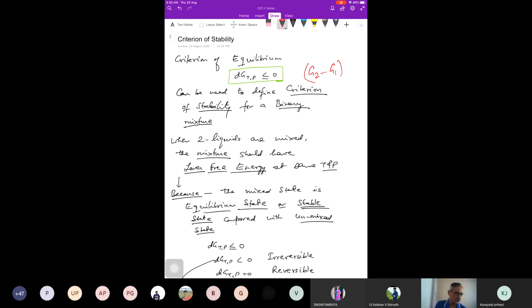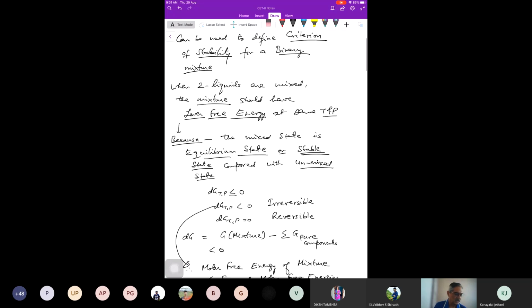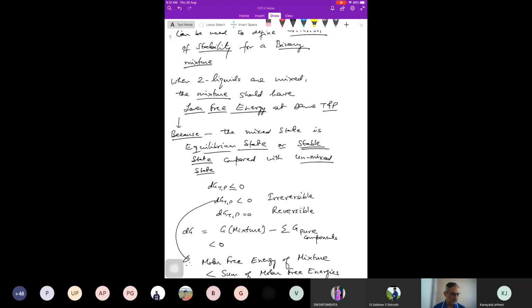So when I'm going from 1 to 2, if it is negative, that means it should be lower than the previous state. Okay, any questions on this? Because the mixed state is an equilibrium state or stable state compared with unmixed state, right?